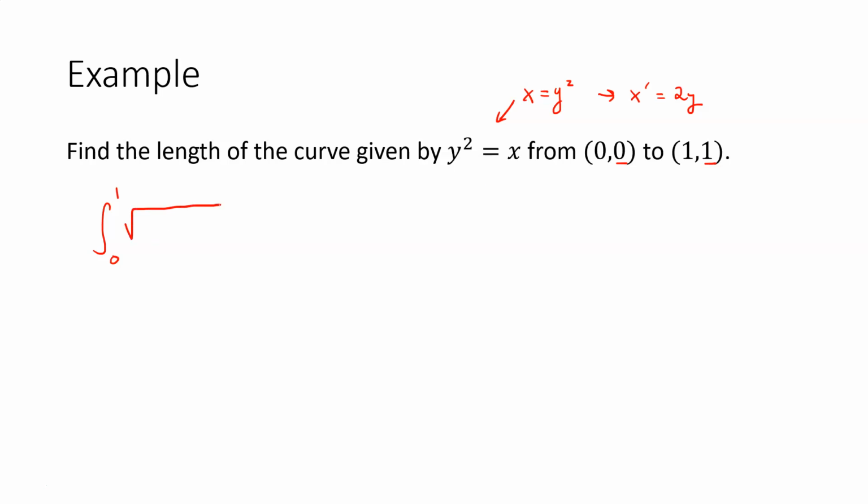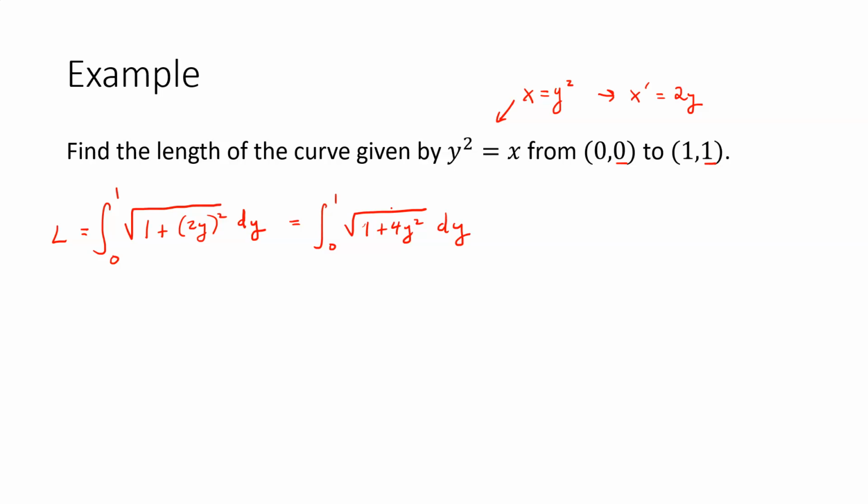The square root of 1 plus 2y squared dy, which gives me the integral from 0 to 1 of the square root of 1 plus 4y squared dy. How do I integrate this? Now this might be something we need to go back to remind ourselves how to integrate using a trig sub or something from chapter 7.